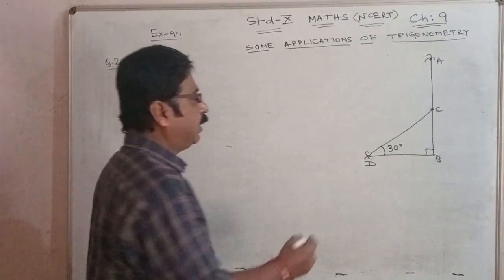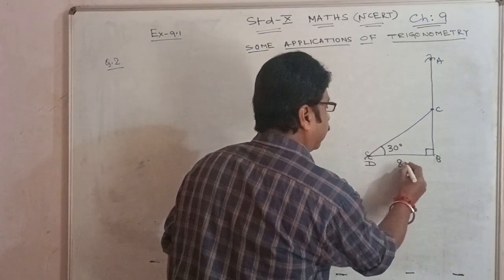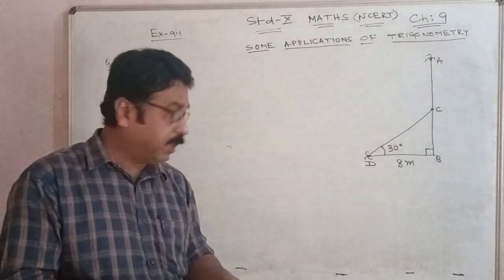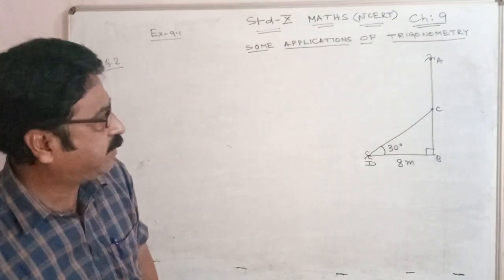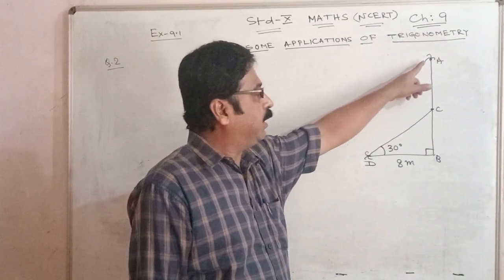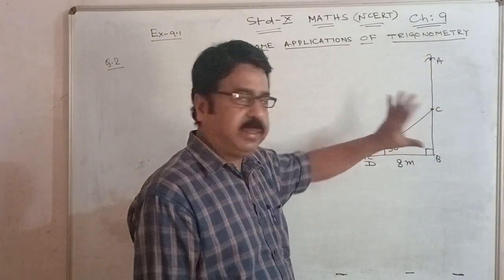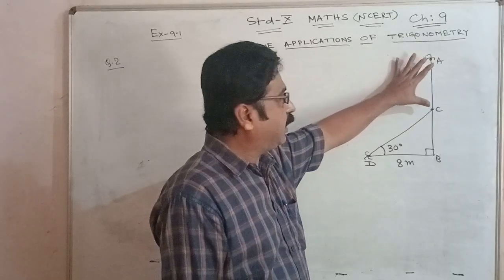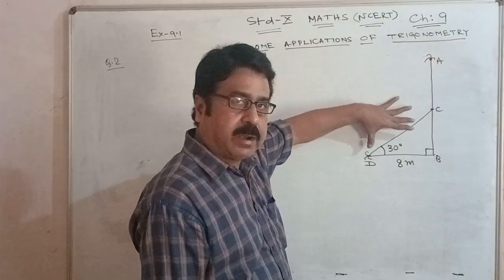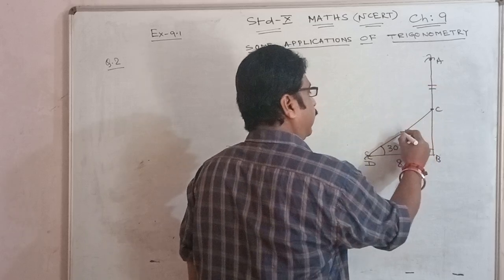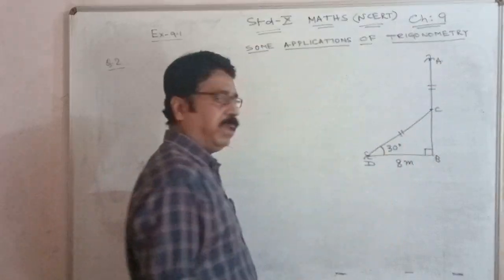That distance is given 8 meter. Find the height of the tree. Height of the tree means we have to find AB. AB means AC plus BC. Now AC is the broken part that touches the ground, so this length and this length will be equal.